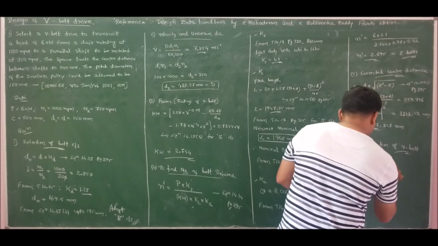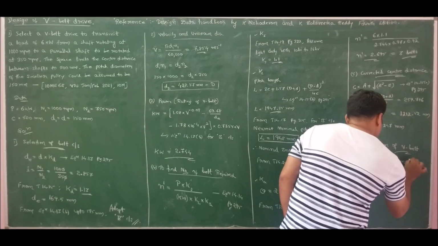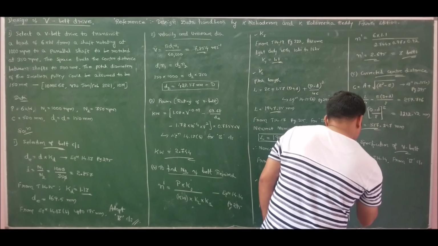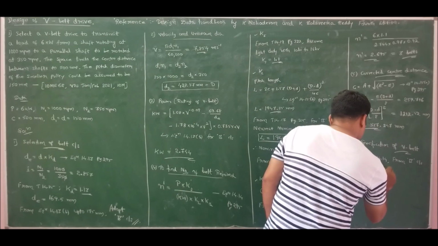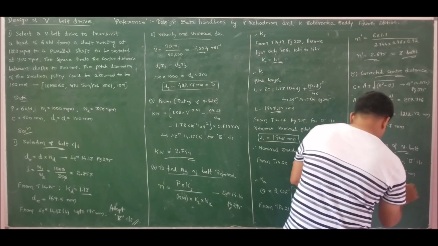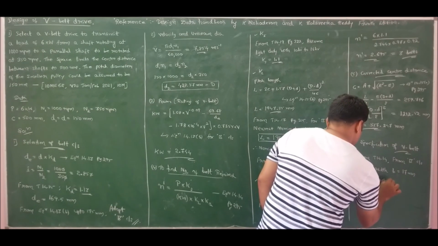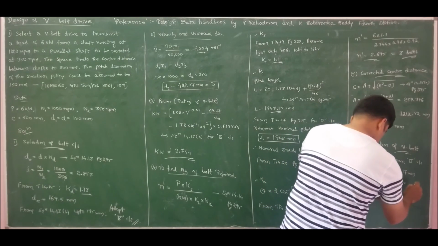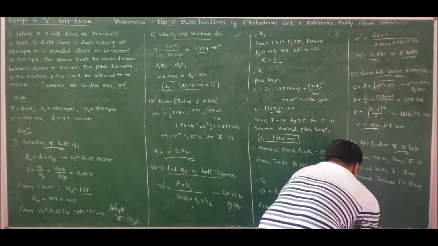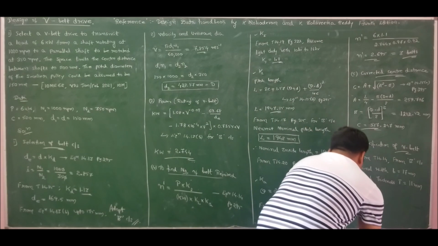For B cross section we have nominal width B is equal to 17 millimeters and nominal thickness T is 11 millimeters, and we should specify it by cross section selected, that is cross section is B, and nominal inside length is 1905.